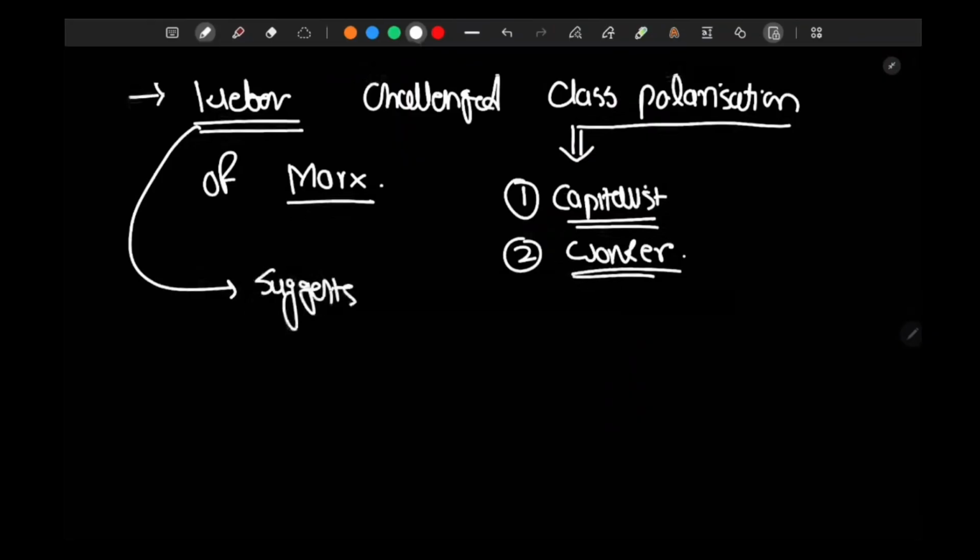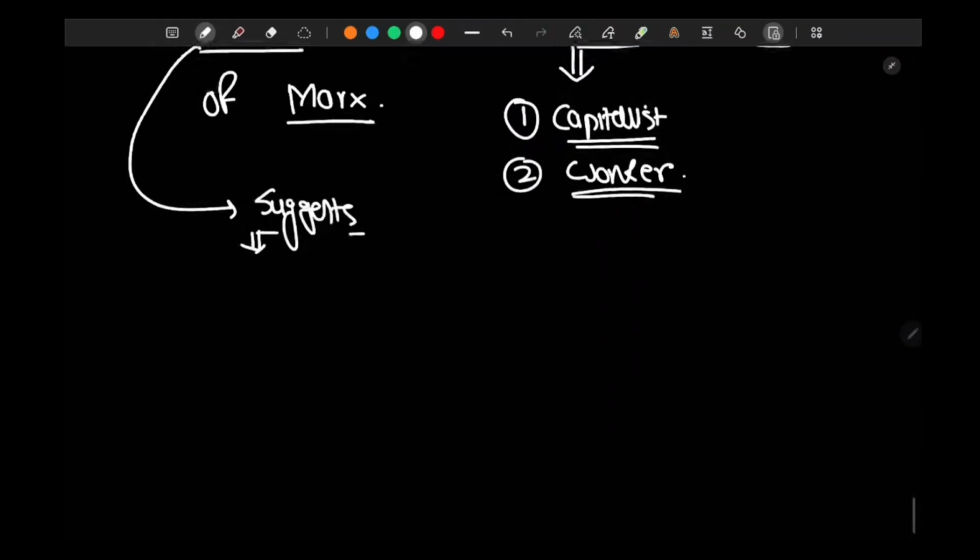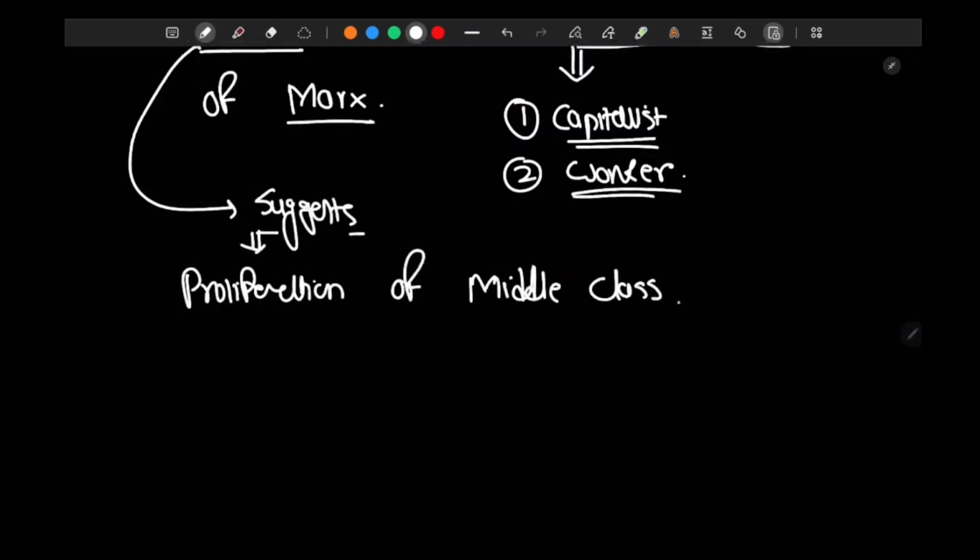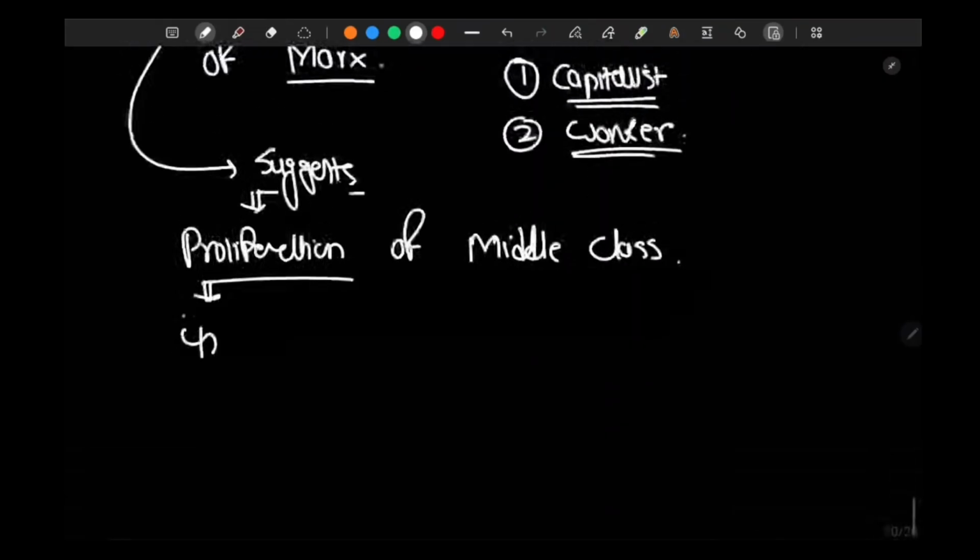Weber suggests proliferation of middle class. What is proliferation? In Hindi, you say फैलना. How did the middle class get proliferated?